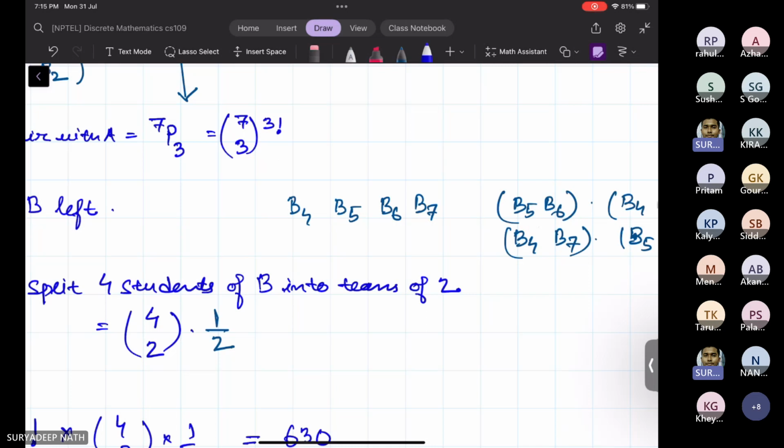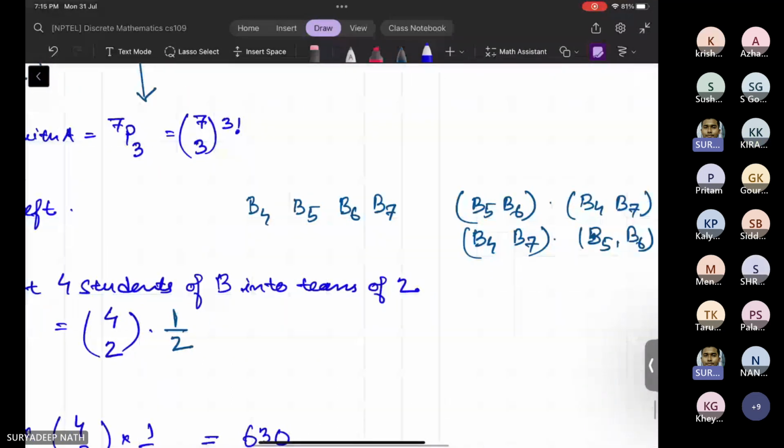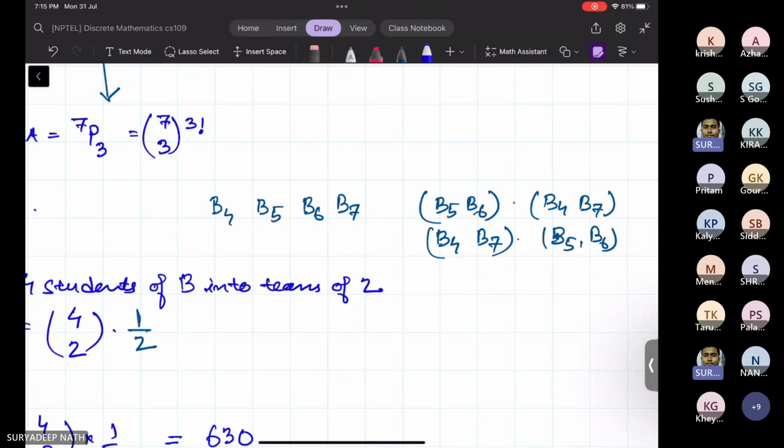Let's say after pairing with students of A, you are left with B4, B5, B6, and B7. Now, if I tell you to choose 2 students, one possible combination could be that you are picking B5 and B6, which means B4 and B7 are left.